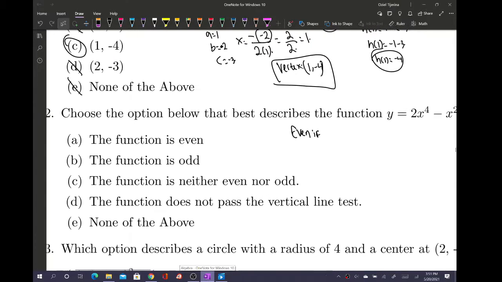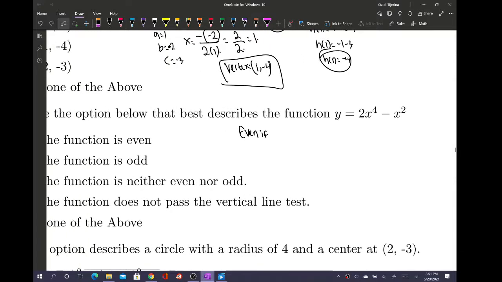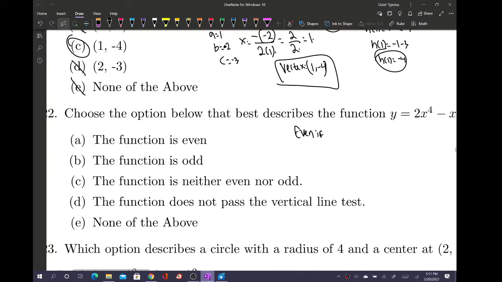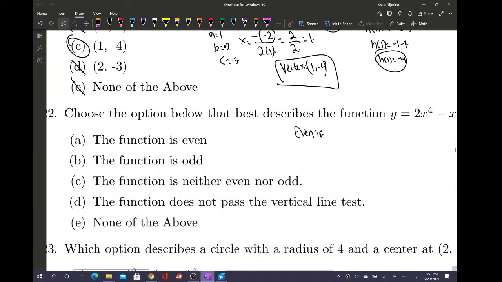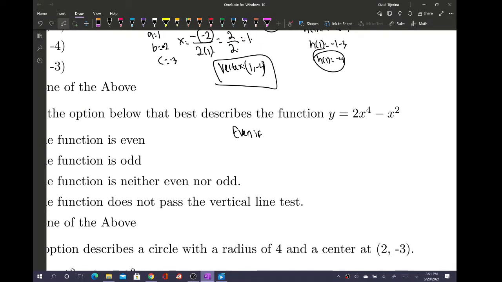Number 22 says choose the option that best describes the function y equals 2x to the 4th minus x squared. Basically, it is even if... give me 1 second, it's been a while since I've taken algebra, so I cannot quite remember.